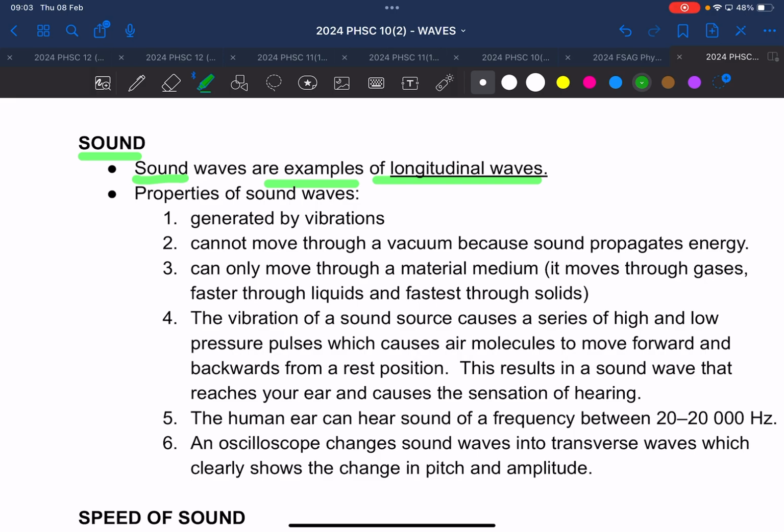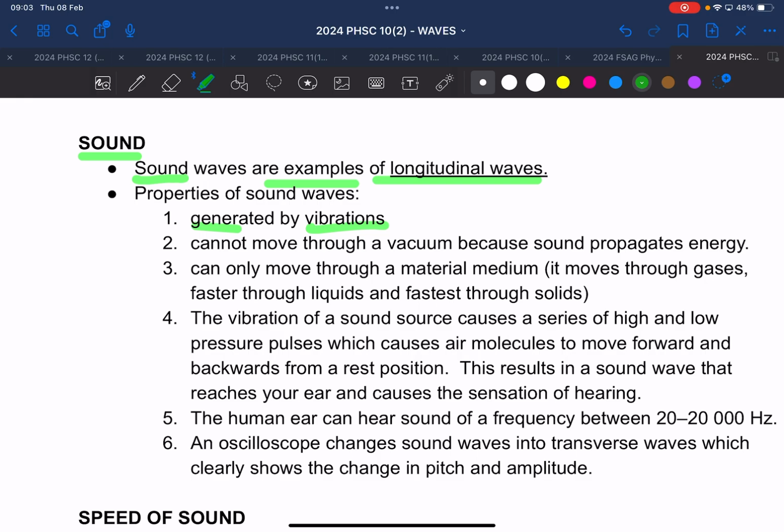Sound is an example of a longitudinal wave. How does it start? It is generated by vibration. So my vocal cords vibrate, and then it gives off sound.